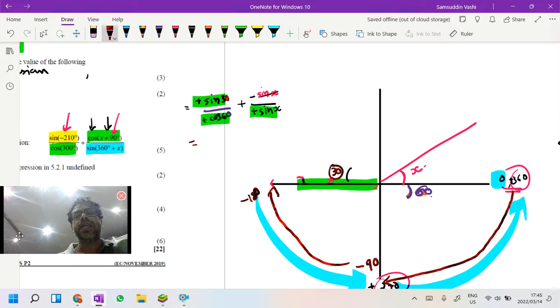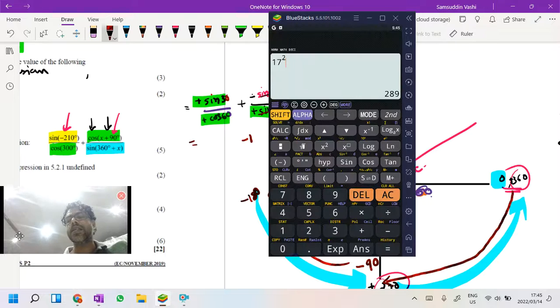Sine x positive, sine x and sine x cancel. Negative divided by positive is negative 1. Now sine 30: if I use my calculator or if I use a diagram, I'm going to get the same answer. When I have special angles, I can use a calculator.